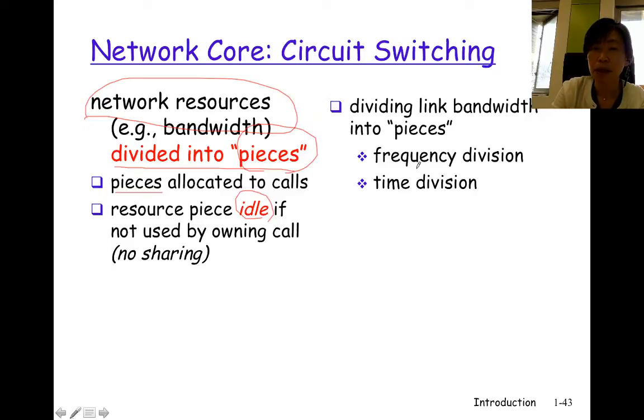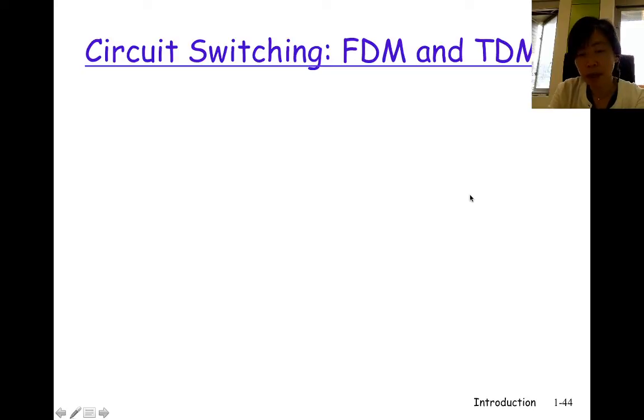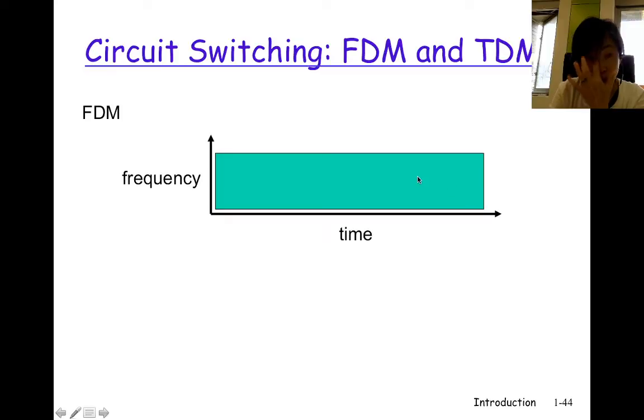Now, the two ways that we divide the pieces up are very classic: frequency division and time division. Let me explain frequency division first. So let's look at the space of trying to modulate bits into the medium.